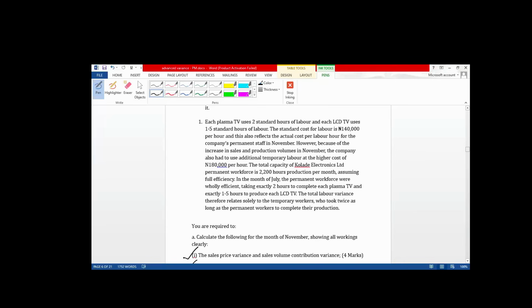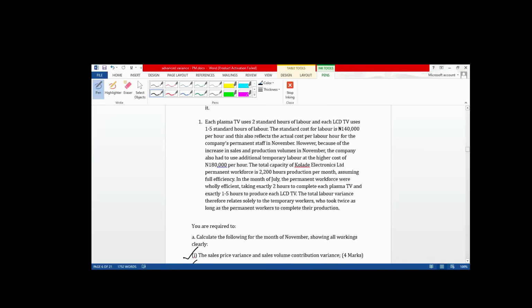The total capacity of Colliery Electronics Limited permanent workforce is 2,200 hours production per month.